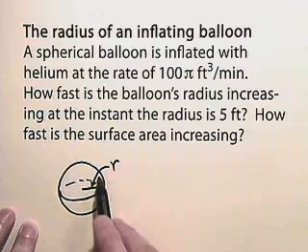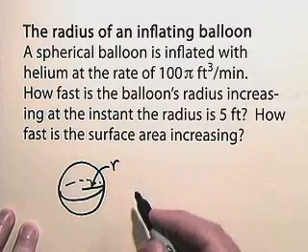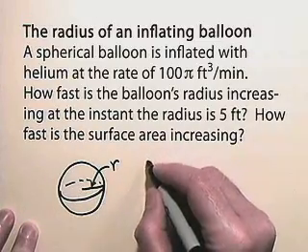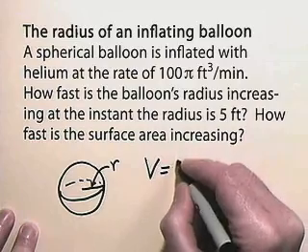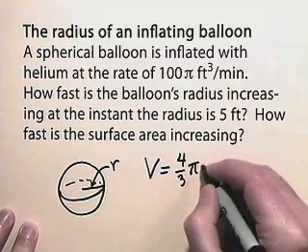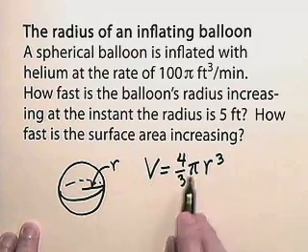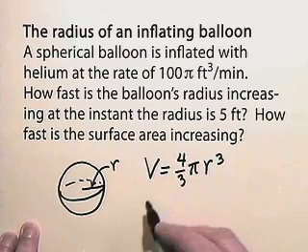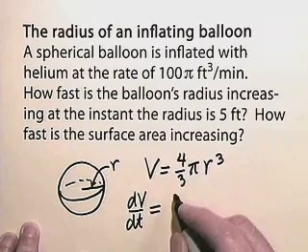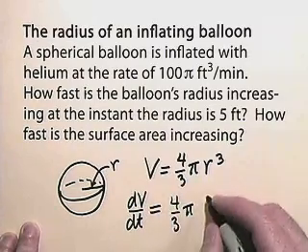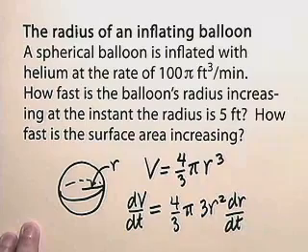Now the r is not constant, it's changing because as the balloon inflates, the radius grows. Now what we know about the relationship between the volume of a sphere enclosed by a sphere to the radius is the volume V is 4/3 pi r cubed. And so when we differentiate both sides of this equation with respect to t, we'll find dV/dt is equal to 4/3 pi times 3r squared dr/dt, according to the chain rule.